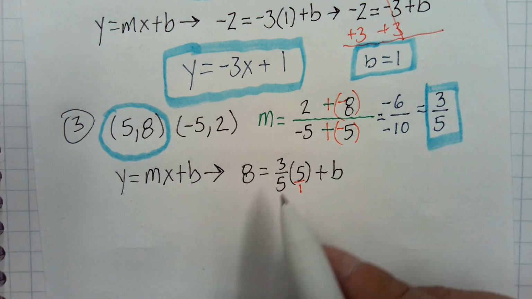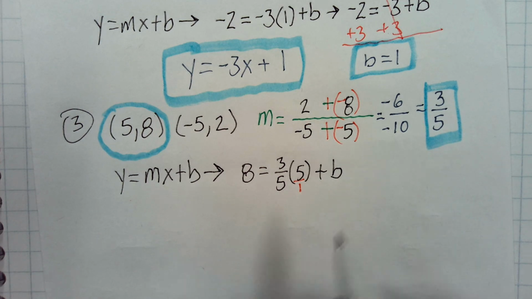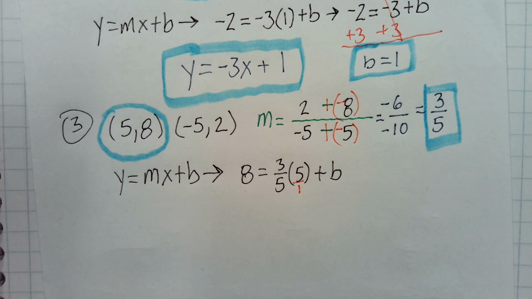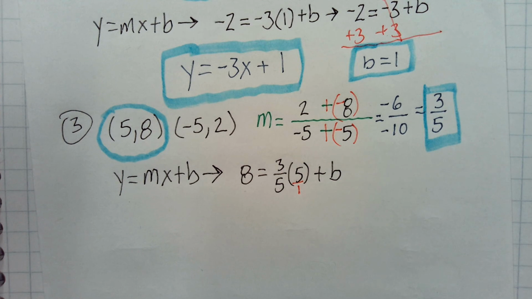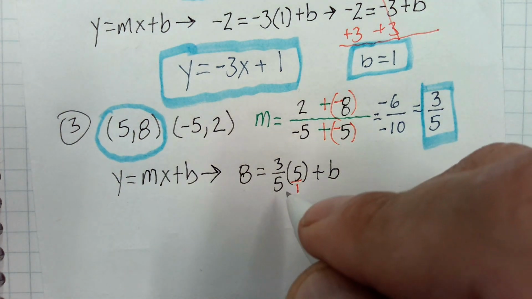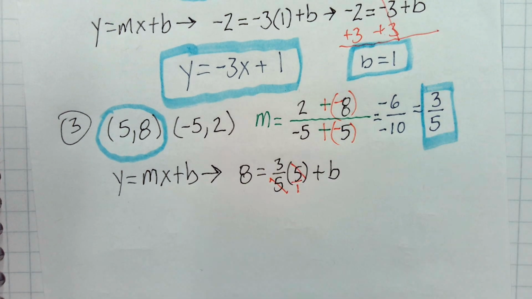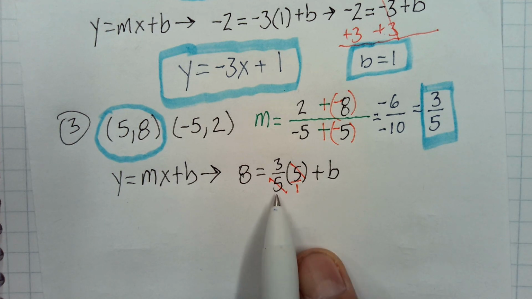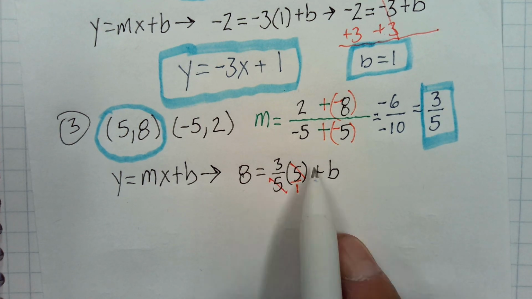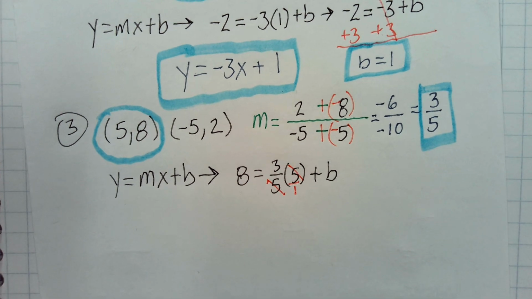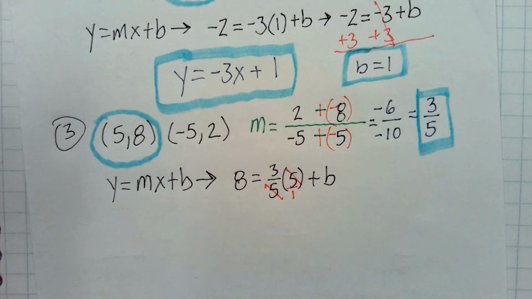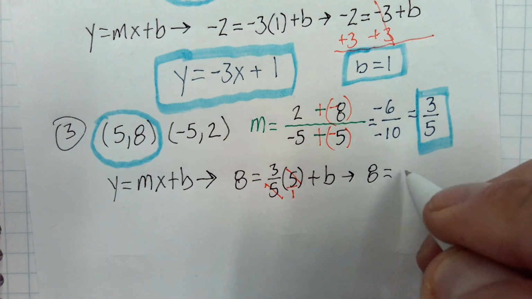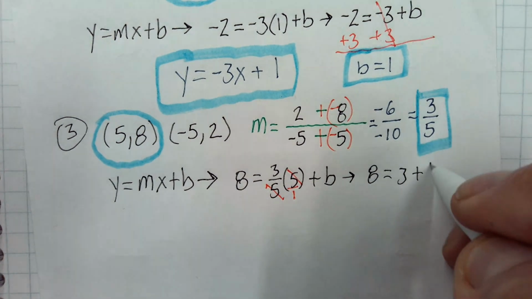I'm multiplying 3/5 times 5/1, 15/5, which reduces to 3. Or, since you're multiplying, remember cross canceling? One's in the denominator, one's in the numerator. They cross cancel. 3 times 1 is 3 over 1 is 3. So basically, this is my new equation now: 8 equals 3 plus b.